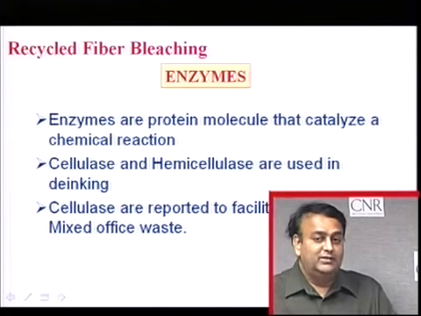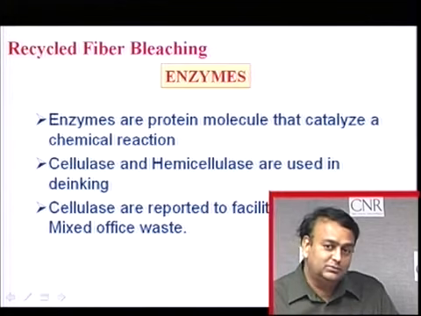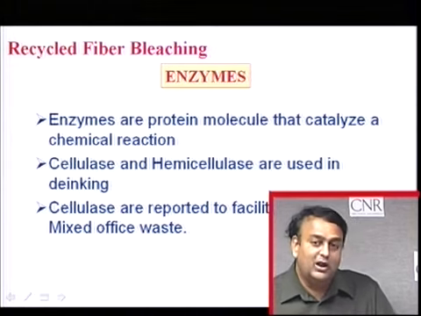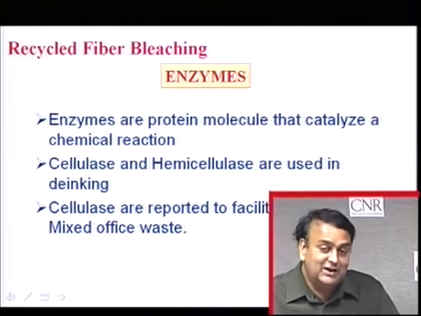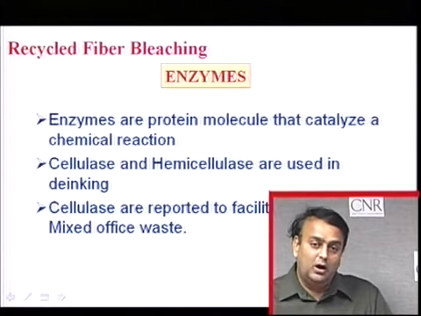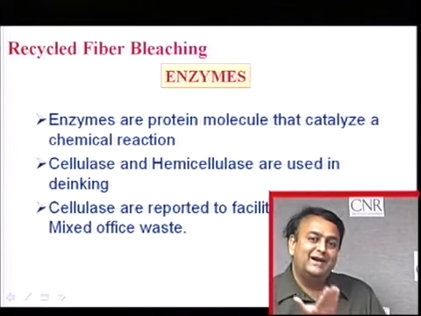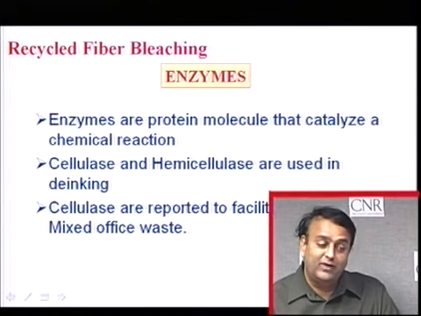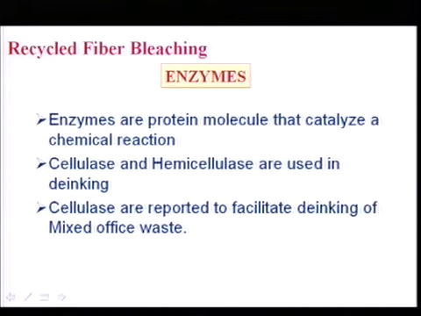Cellulase enzymes work on cellulose fibers. Hemicellulase enzymes work on hemicelluloses and are used in de-inking to ease the ink off. Thereby, it brightens the fiber. It prepares the fiber for bleaching. You need to be careful with cellulases. They report that if you had a lot of cellulases, they can attack the cellulose fiber and degrade the fiber strength.